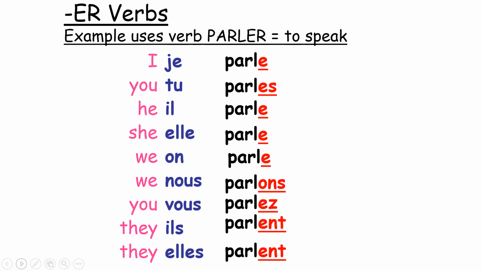I speak, you speak, he, she, it speaks, we speak, you speak, and they speak. You might have noticed that several of the verbs sound exactly the same, no matter how the verb ending is spelled. Je parle, tu parles, il, elle, on parle, nous parlons, vous parlez, ils parlent, elles parlent.